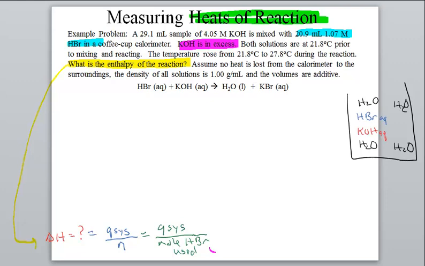So we have solvated ions moving around, HBr and our KOH, those respective ions floating around. When that reaction happens, the surrounding molecules are the water molecules. And again, even though water's a product, the vast majority of the water molecules in there are surrounding water molecules. And we'll just assume for our test that they all are.